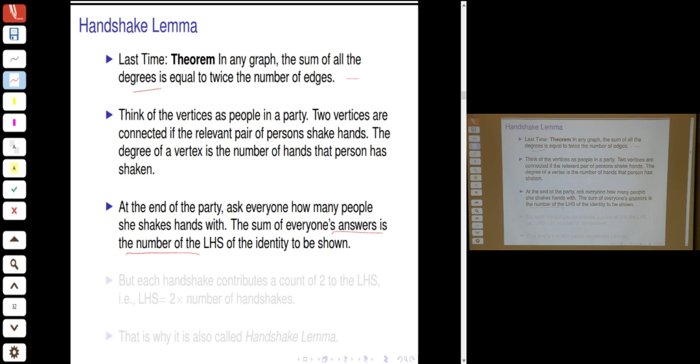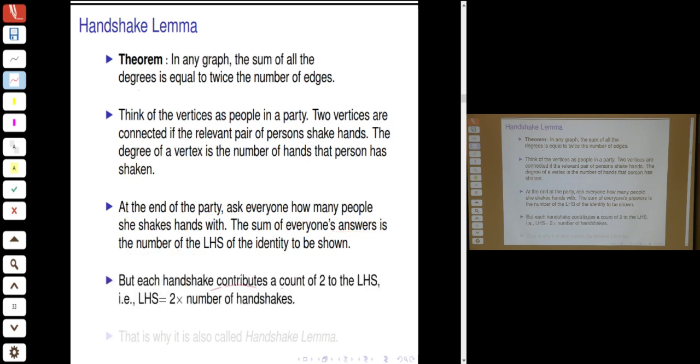But every handshake contributes 2 to the total sum of degrees because every handshake will be referred to by both the parties shaking hands.